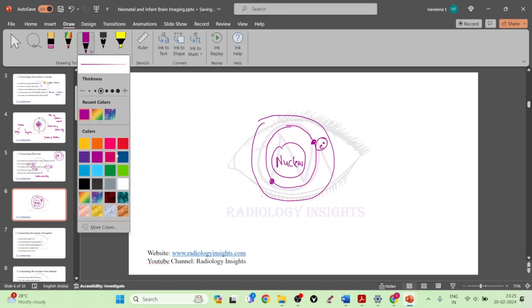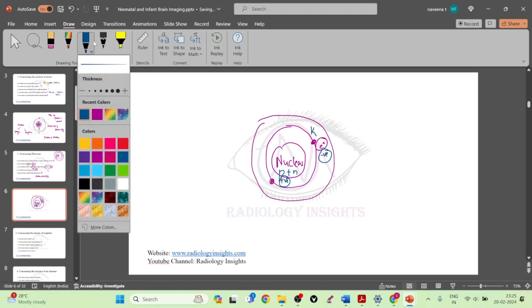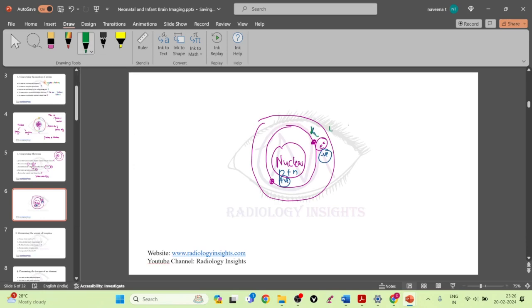The nucleus contains the protons and neutrons. Protons have positive charge, neutrons have no charge, whereas electrons have negative charge. The innermost shell is K shell, the next shell is L shell, and finally M, N, O shells.